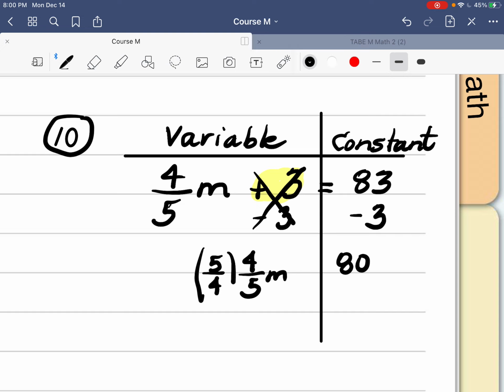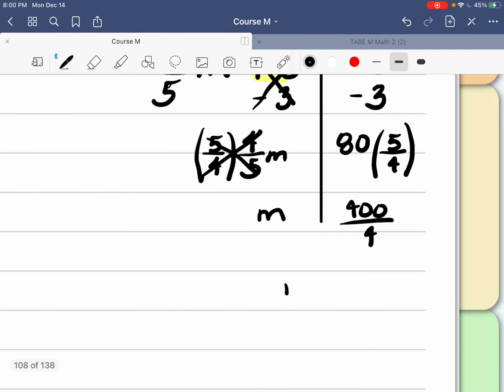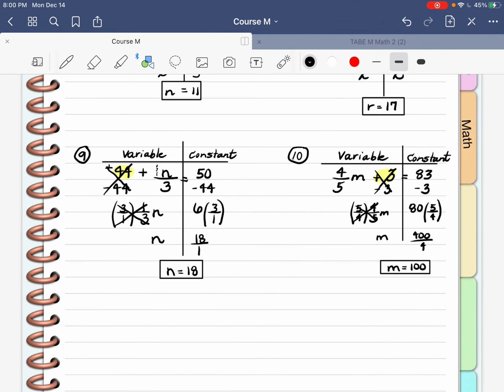Then I'm going to take my 5/4. I'll do that to both sides. So I'm left with m equals 80 times 5, that's 400, and then a 4 on the bottom. And 4 goes into 400 100 times. So m is 100.